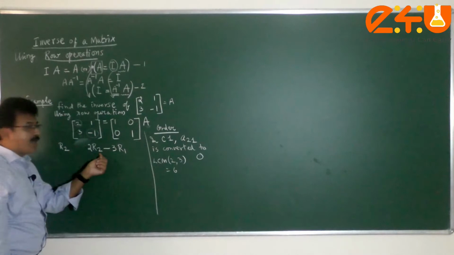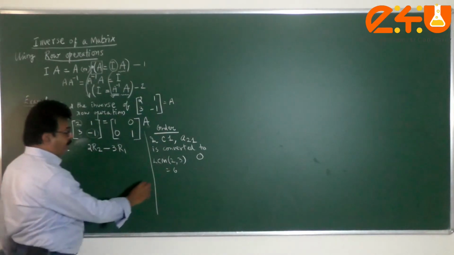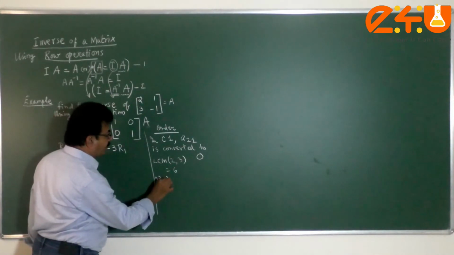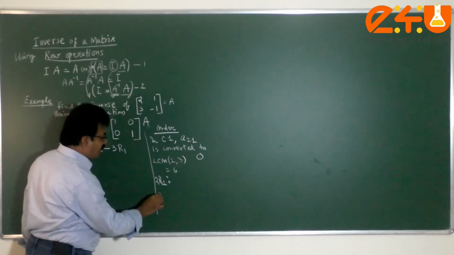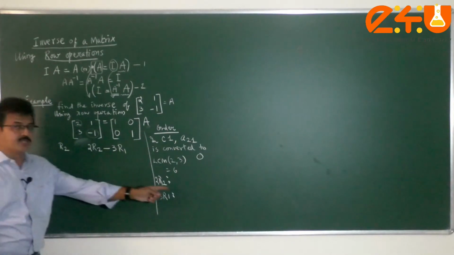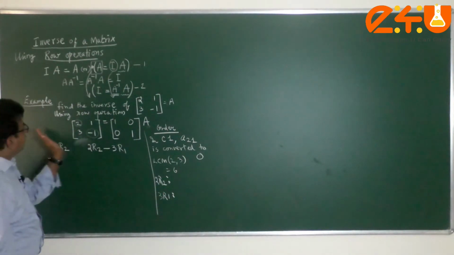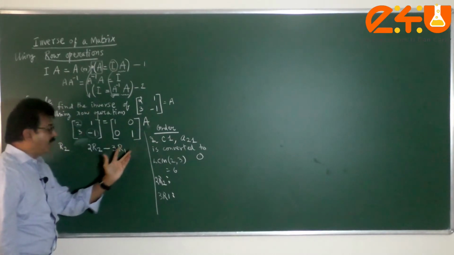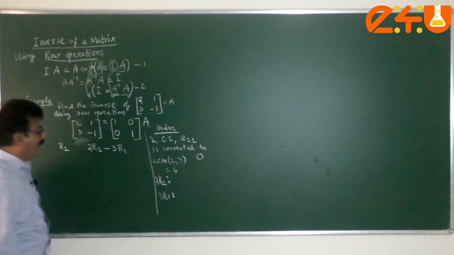So 2 times R2 implies, let us see. I am writing in the rough column what it means. And 3 times R1, what it means. 2 times R2 means there are 2 elements on LHS, 2 elements on RHS, multiply them by 2 and write the result.